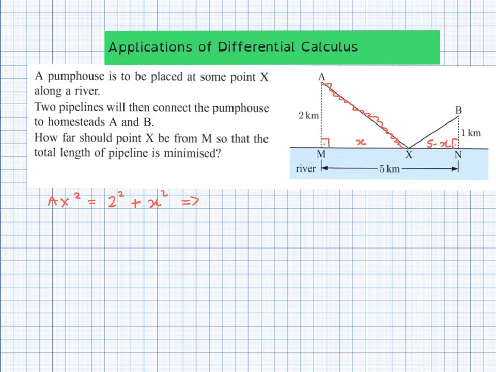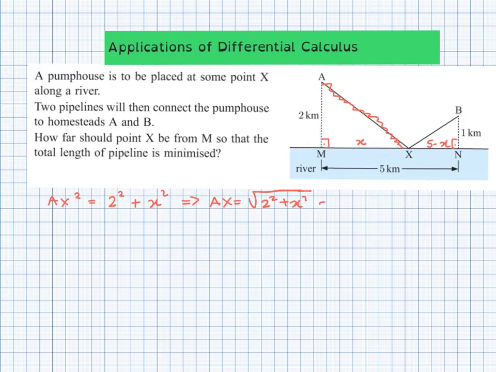From here, I'm just going to square root both sides, and we're going to have AX is equal to the square root of 2 to the power of 2 plus x to the power of 2. I could replace 2 to the power of 2 by 4, or I'm just going to leave it, that's fine.